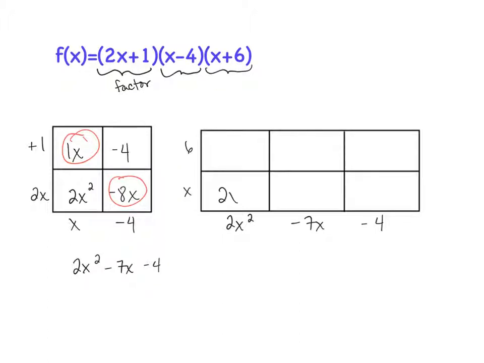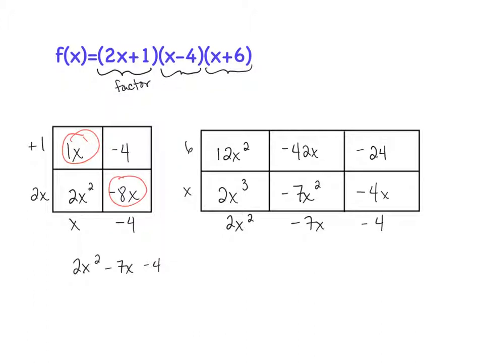So this is going to be 2x to the third. 2x squared times 6, 12x squared, negative 7x times x, negative 7x squared, negative 7x times 6, it's negative 42x, negative 4 times x, negative 4x, and negative 4 times 6, negative 24.